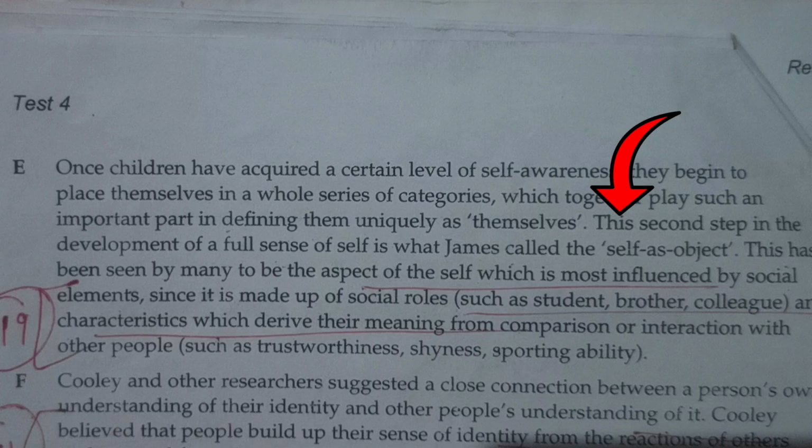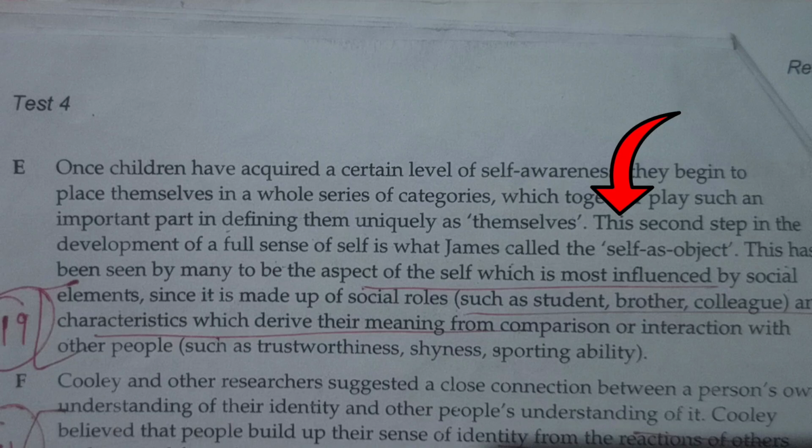This has been seen by many to be the aspect of the self which is most influenced by social elements, since it is made up of social roles such as student, brother, colleague and characteristics which derive their meaning from comparison or interaction with other people such as trustworthiness, shyness, sporting ability.